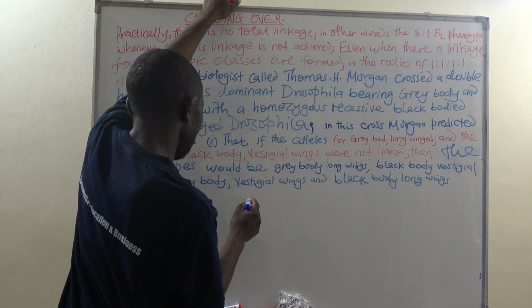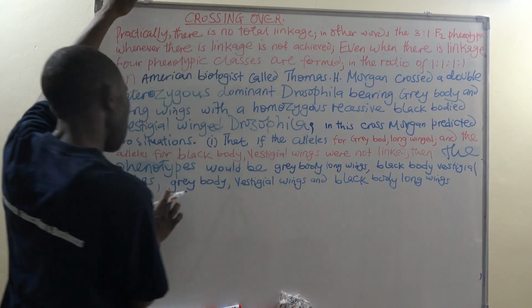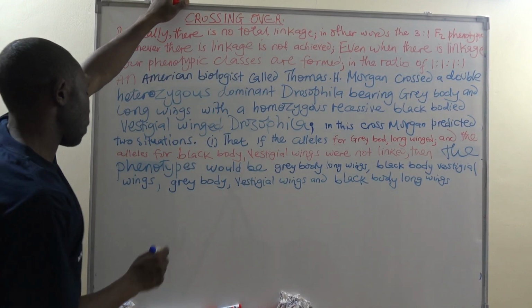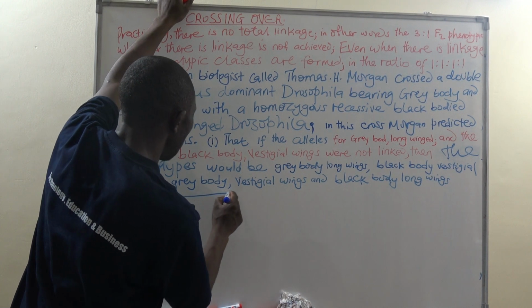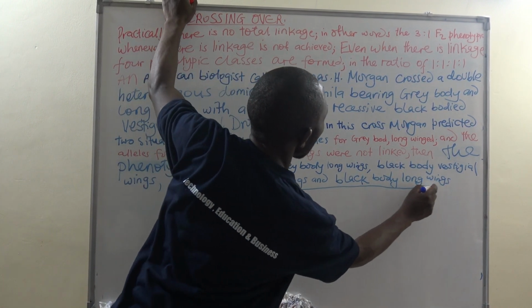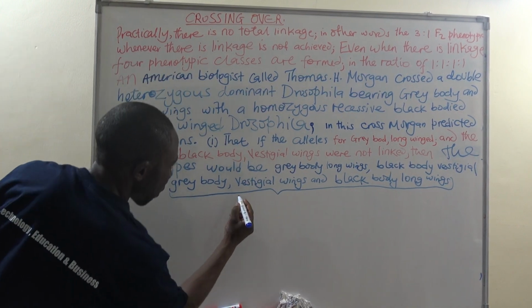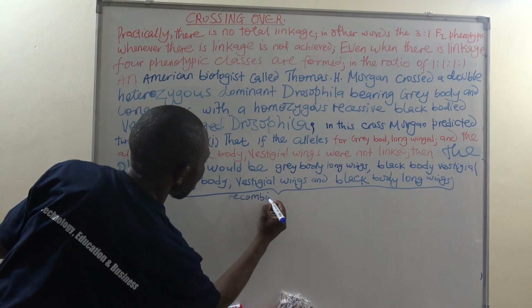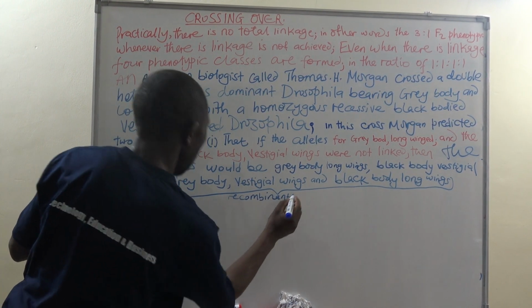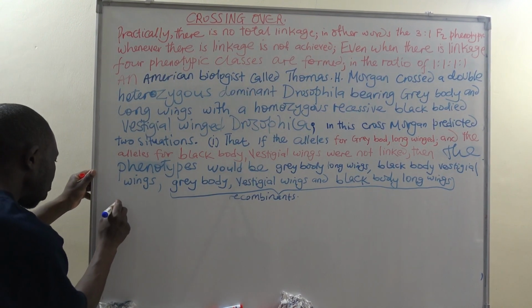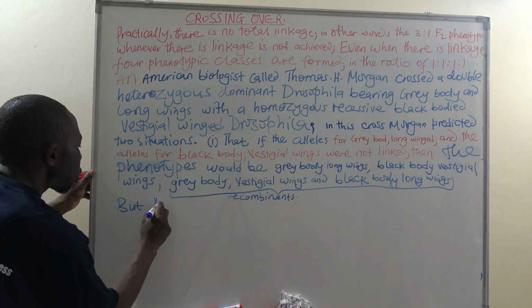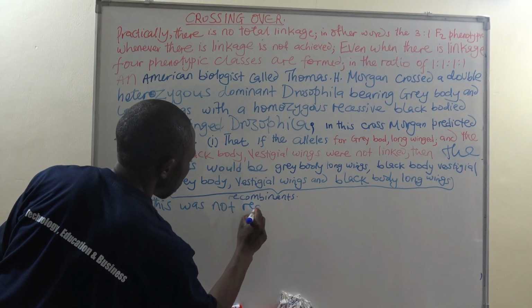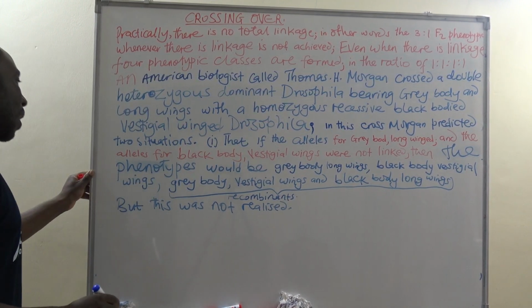These two offspring, gray body with vestigial wings, and black body with long wings, would be called recombinants. But this was not realized.